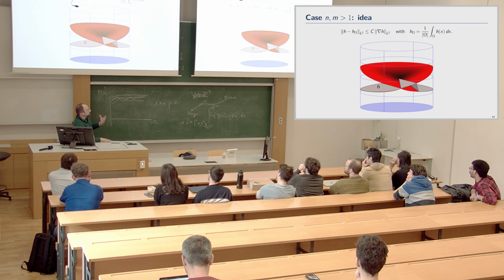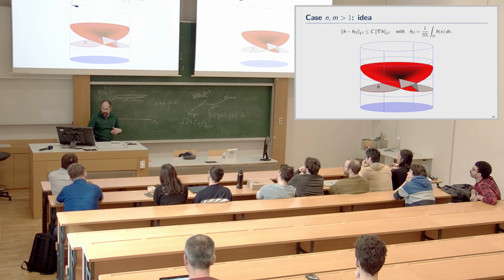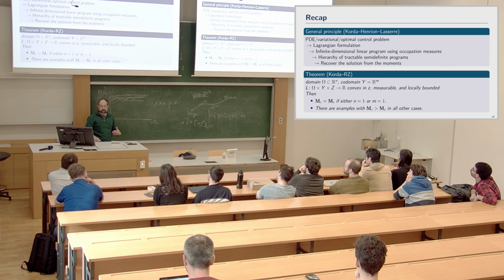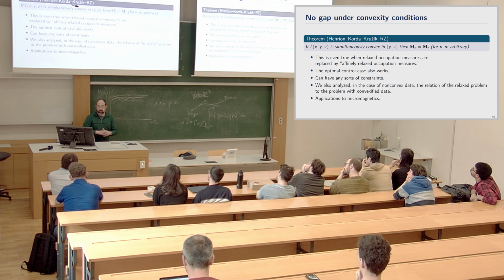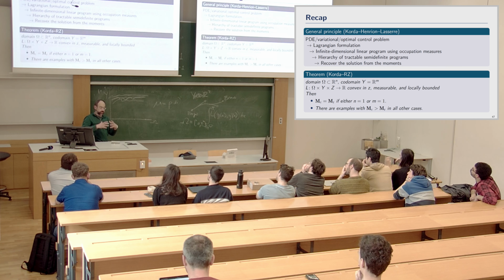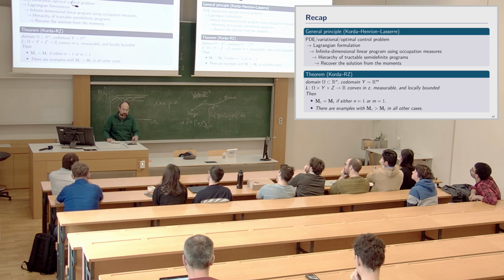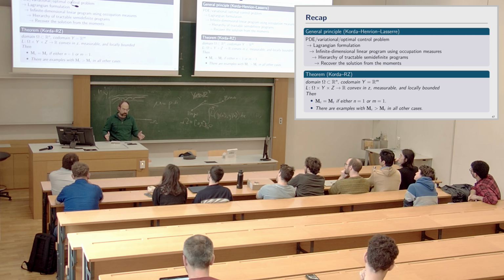The two-valued solution is, in my view, the right answer to the problem, right? Because it doesn't need to jump. My view is that sometimes measure valued solutions are really the right answer for some applications.